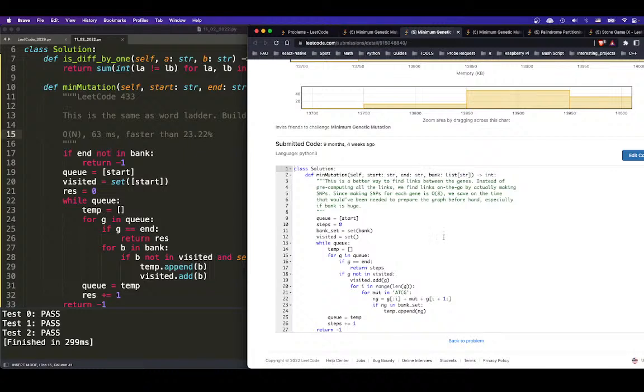Oh, yeah. Turn it into a set. Hey, that's actually a good idea to turn it into a set.